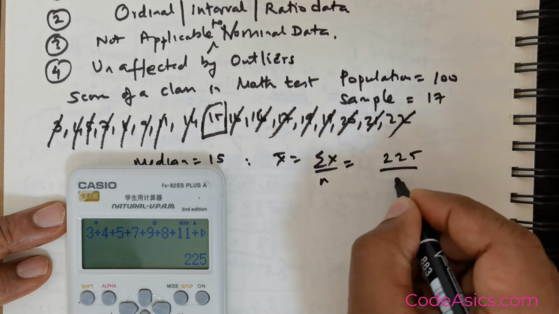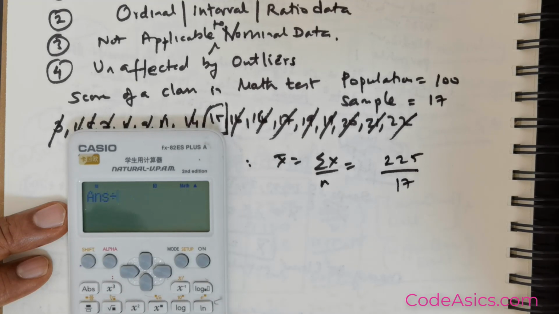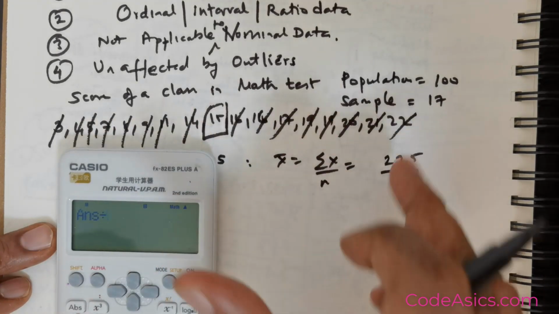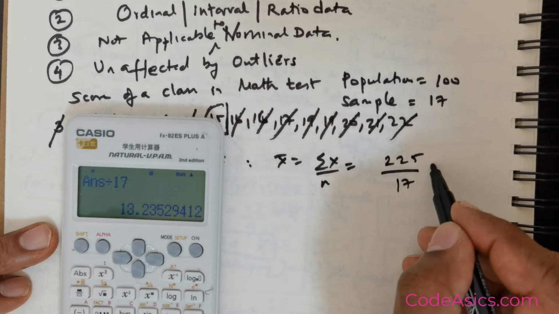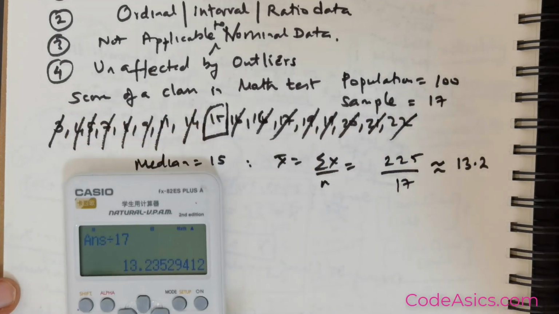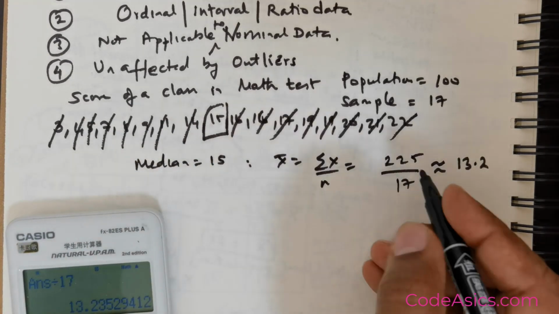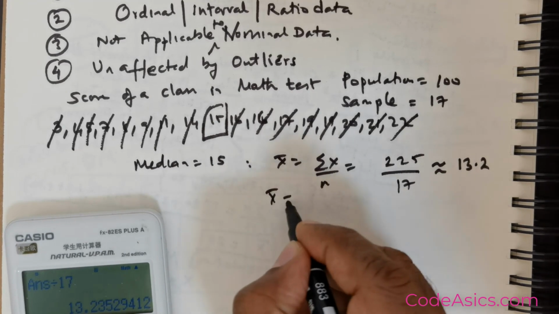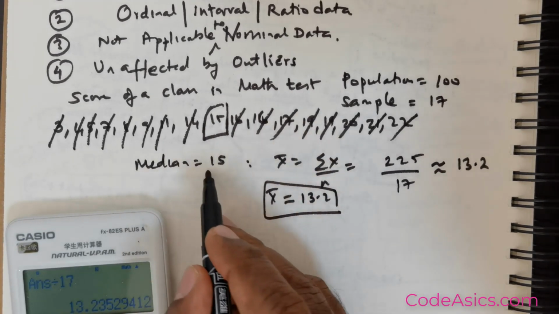So 225 divided by 17, right, the total number. So this is approximately 13.2, provided of course I have summed it correctly. Now having got that, x̄ is equal to 13.2, the median is 15.